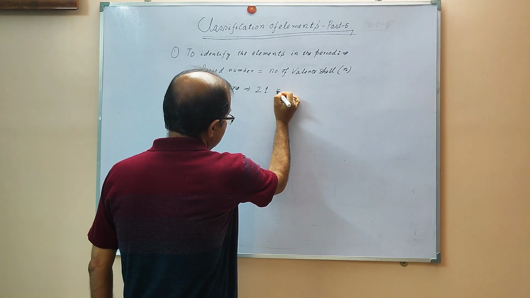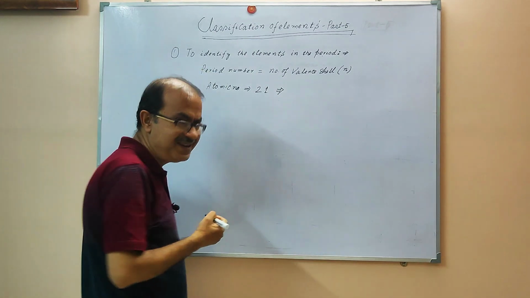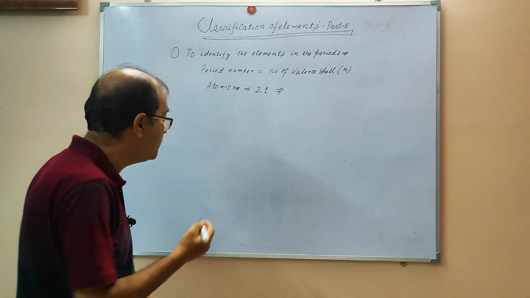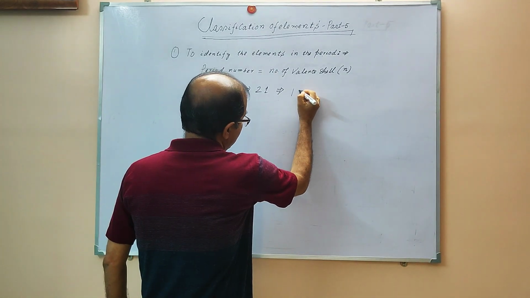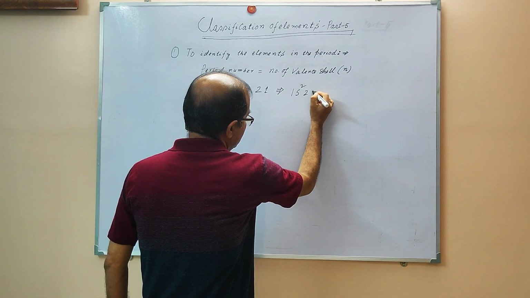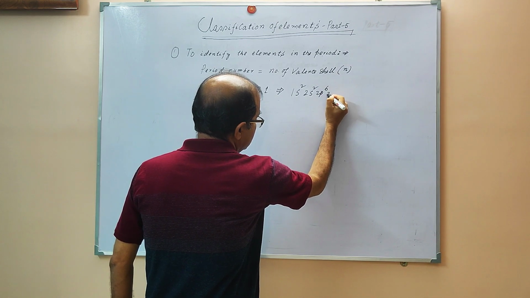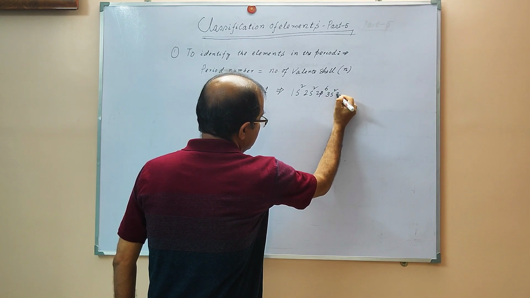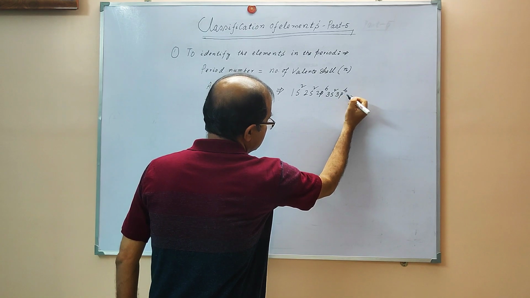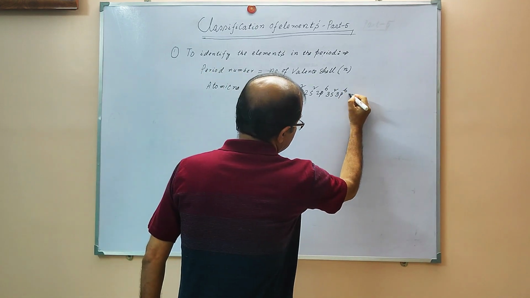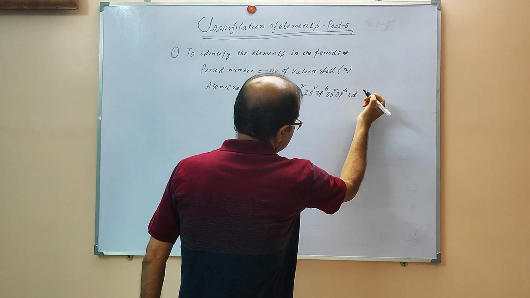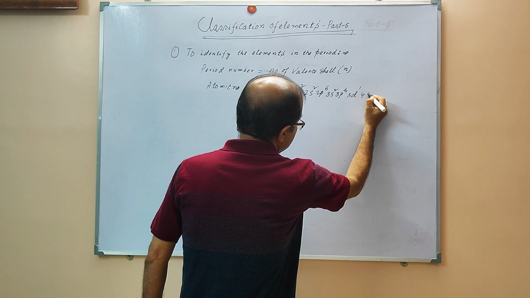For atomic number 21, this will be 1s2, 2s2, 2p6, 3s2, 3p6, then 3d1, 4s2.